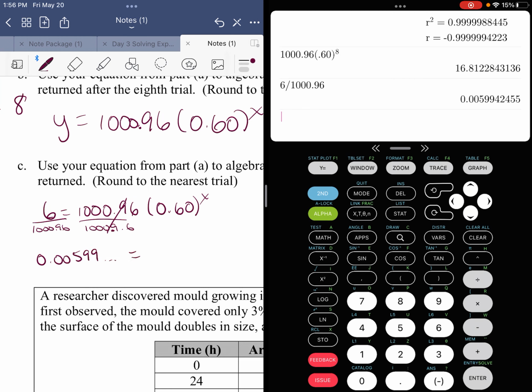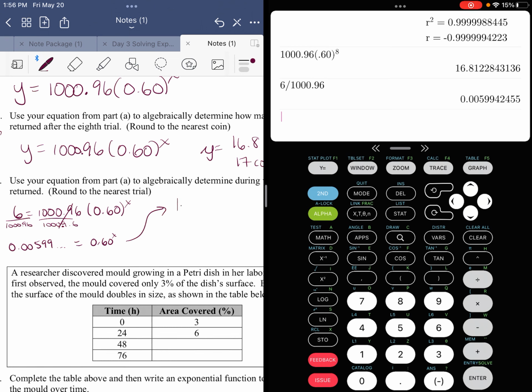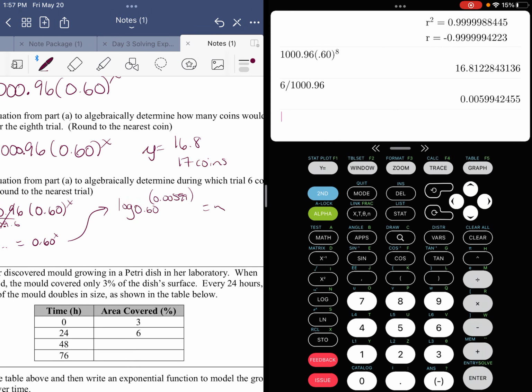Now if we change this to a logarithm, we're going to get log base 0.60 of that 0.00599 number is going to equal x. And then if we do change of base, you get log of that 0.00599 number divided by log of 0.60 is equal to x. So on our calculators, if we carefully type log, and if you type up, you can actually pull all that decimal value in there.